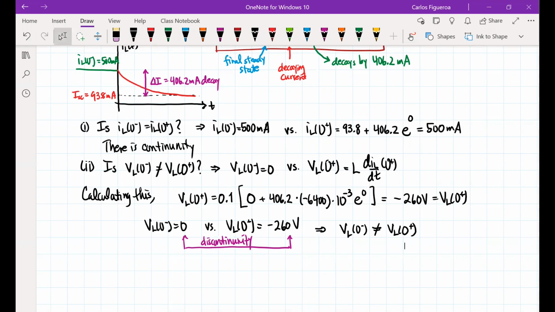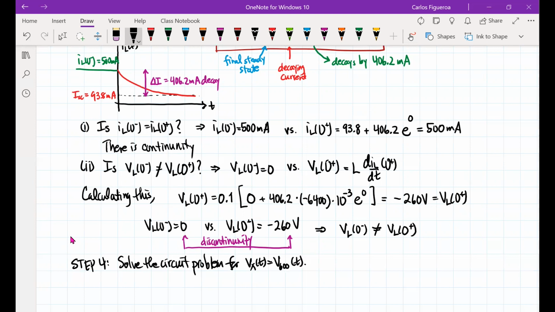Now we have to solve the circuit problem. So I'm going to get the circuit that we drew up earlier, and we go on to our next step, our final step. Here we want to solve the circuit problem for Vx of t, which is of course the same as the 400 of t.